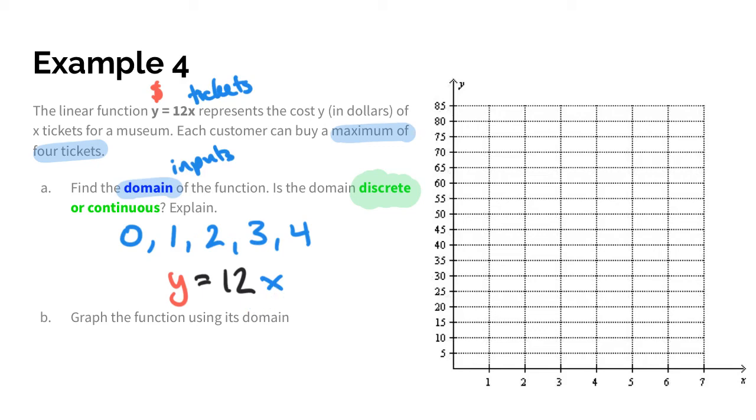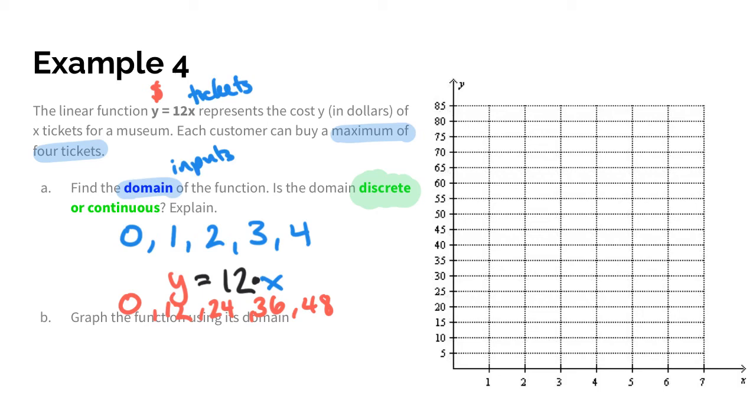Now when I see 12x again, that means I'm multiplying. So for example, if I take 0 times 12, that would give me 0. 1 times 12 will give me 12. 2 times 12 will give me 24. Then 36, and then lastly 48. Then what I can do is imagine each of these inputs and outputs as points on a graph.